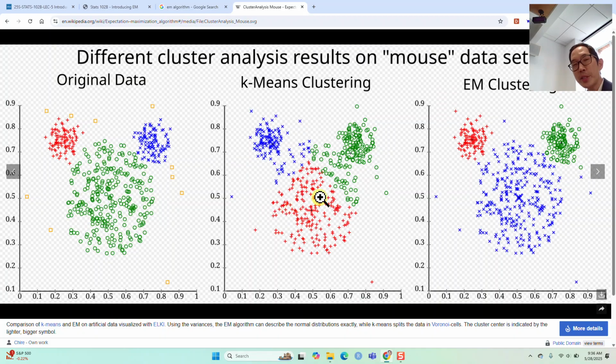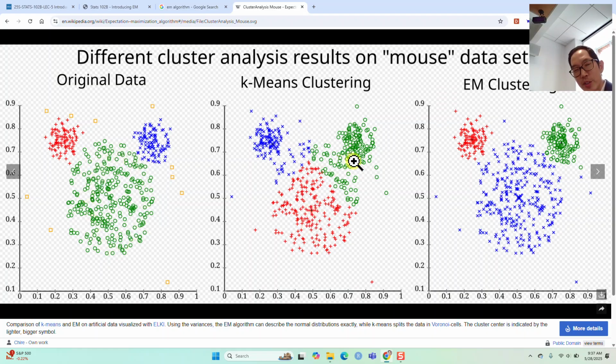When you do k-means clustering, it uses Euclidean distance, okay? And it's only able to take into account distance and nothing about variance. And so these points up here, when we look at this distribution, we can say, oh yeah, you know what, it should belong to this center cluster right here.